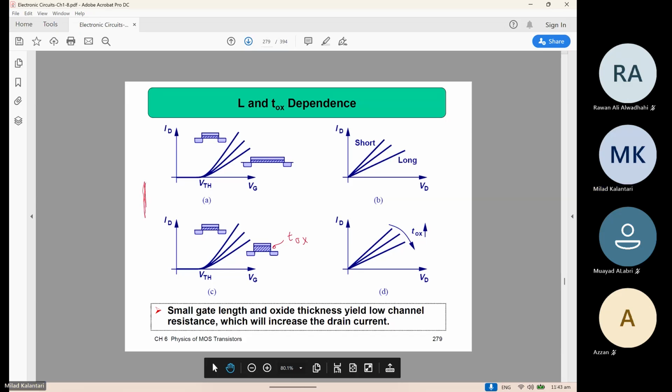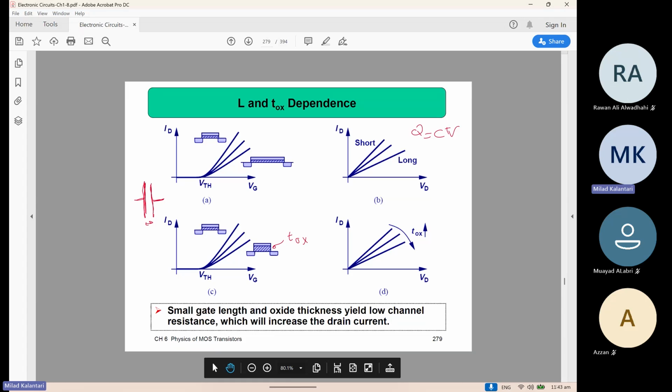As a capacitor, you have two plates, some dielectric and some distance. If the distance is less, the capacitor value is what? It's bigger, right? If the distance is higher, the capacitance is less. And if the capacitance is bigger, the stored charge is bigger with a certain voltage, right?